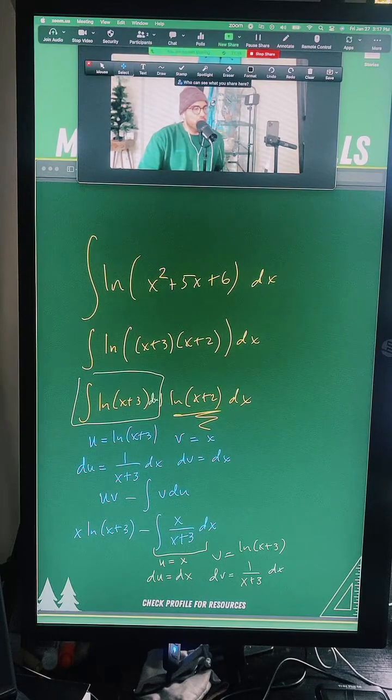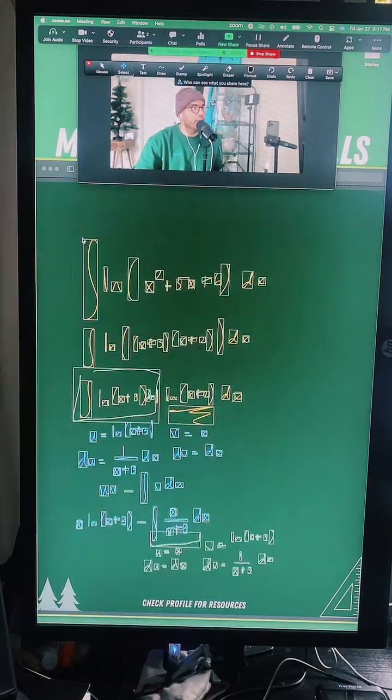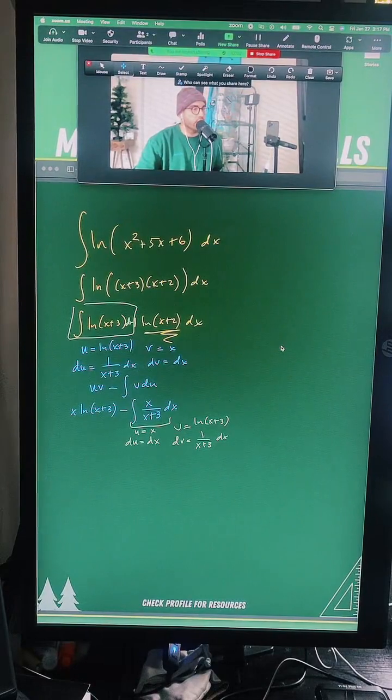Our du was equal to 1 over x plus 3. uv minus v du. We shouldn't use u sub for that one. Hold on, I kind of messed this one up here. So let me just create some space here and rewrite it. Bear with me, guys.